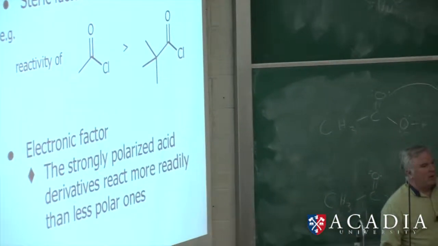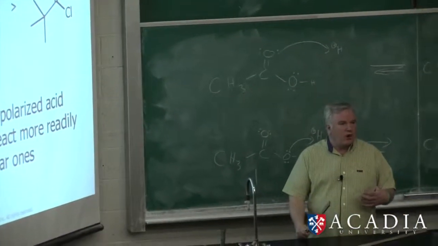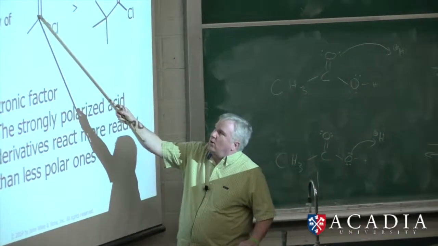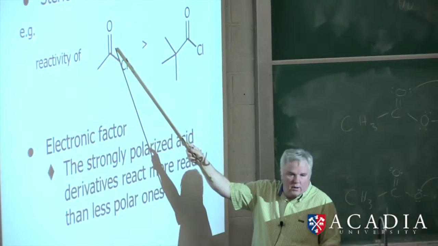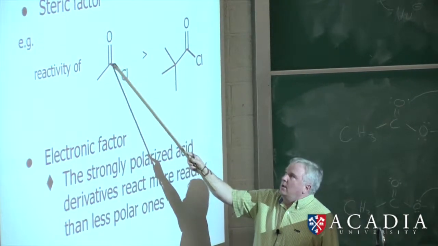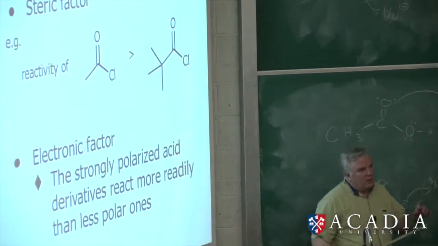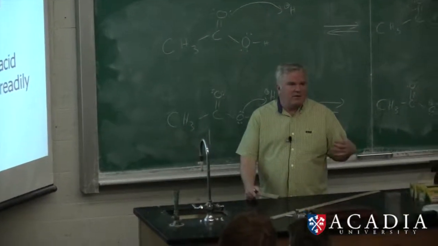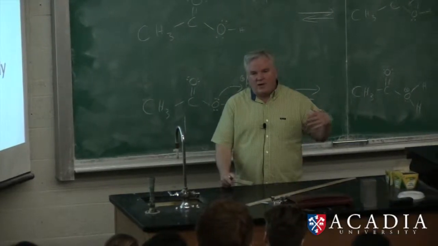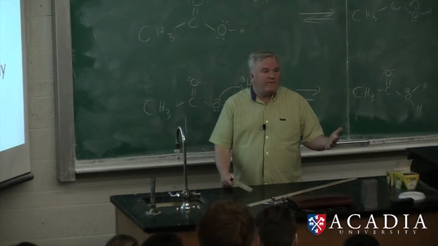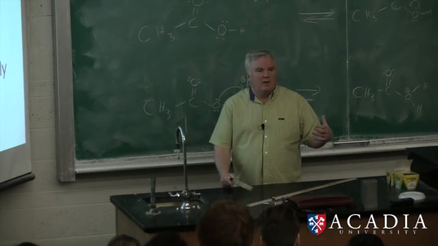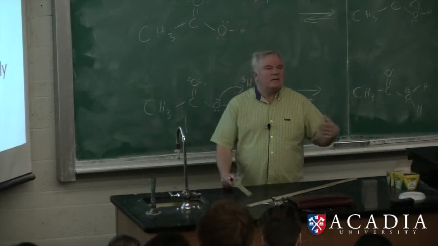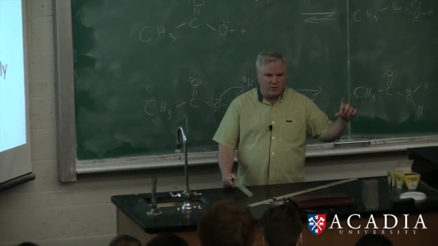Chlorine atoms are electronegative and electron withdrawing, so they suck electron density away from that already positive charge, making it an even better electrophile. Now we want to be careful because with oxygen, although it's electronegative, it can contribute its lone pair of electrons in a resonance form. So quite often, and we'll talk about this next class, inductively something can be electron withdrawing, but through resonance it can be electron donating, and oxygen is one of those atoms.